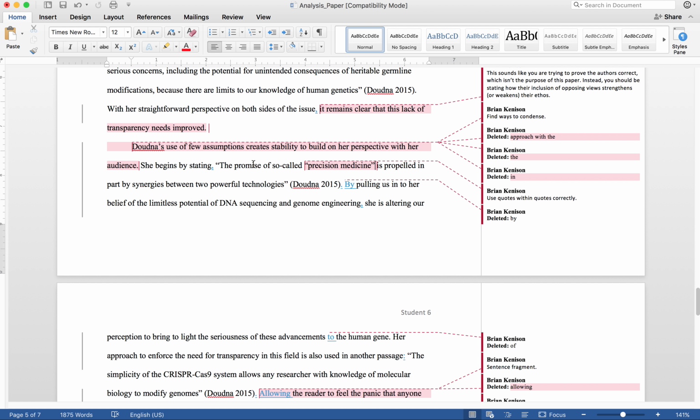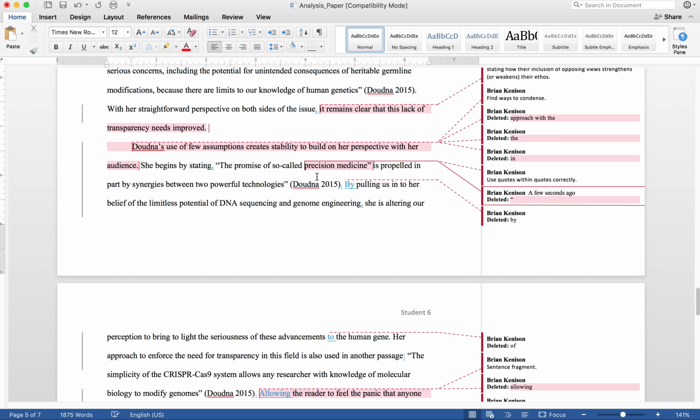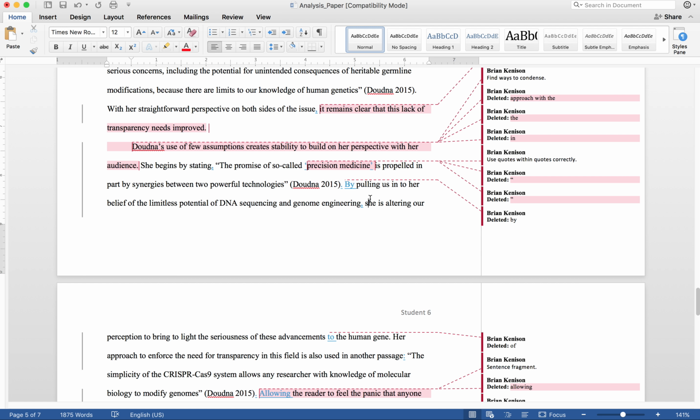And so when this is set up in a paper where you're quoting and there's a quote within that quote, the correct way to do that is to do single quotes like this, and that lets the reader know that the article author was quoting something else. So that's the correct way to do that.